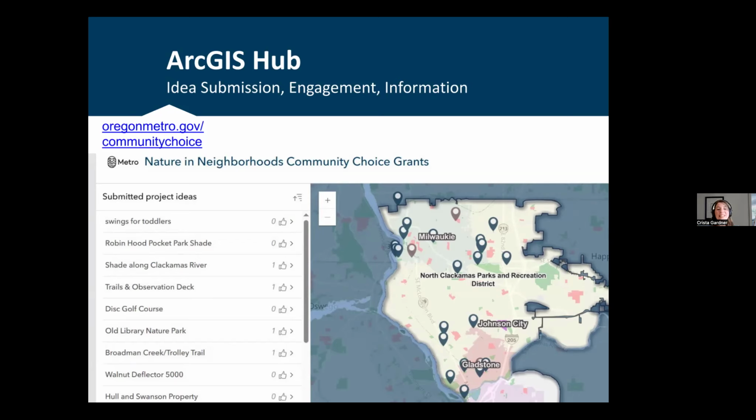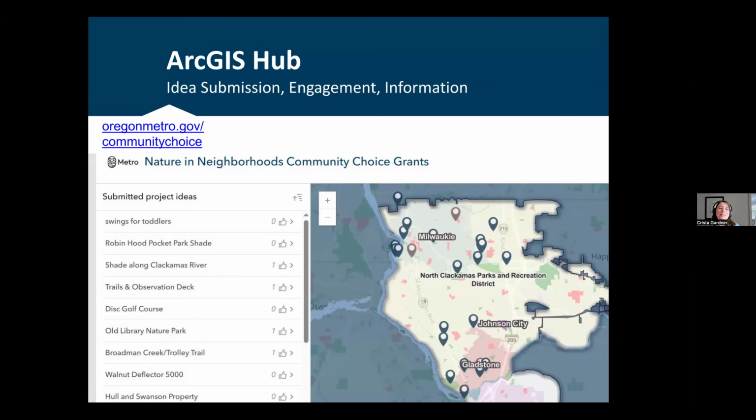They're both mobile and desktop friendly. They allow for site descriptions and locations, as you see here on this map. And I'll say again, there's the link there to the idea collection platform. And if you have an idea for Parks and Naturals in Clackamas County, please submit an idea.